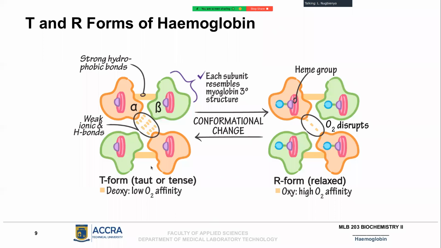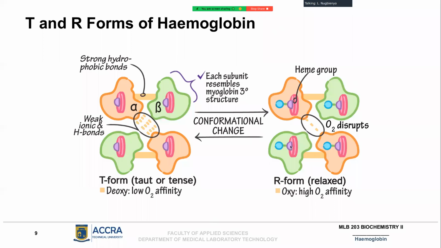In between these two, there are some weak ionic and hydrogen bonds binding the alpha globins together. These weak ionic bonds get disrupted by oxygen when oxygen binds to the heme to form the relaxed form, which is also referred to as the R form, the oxy form.